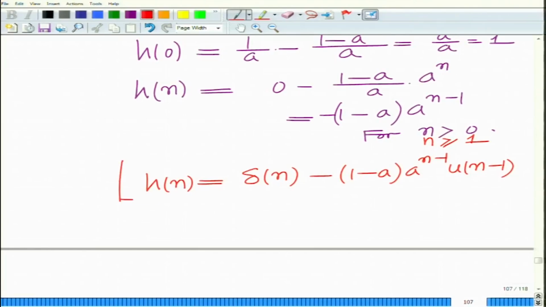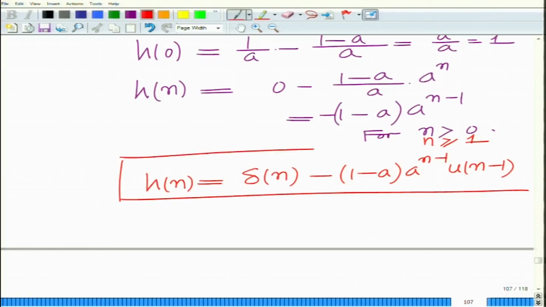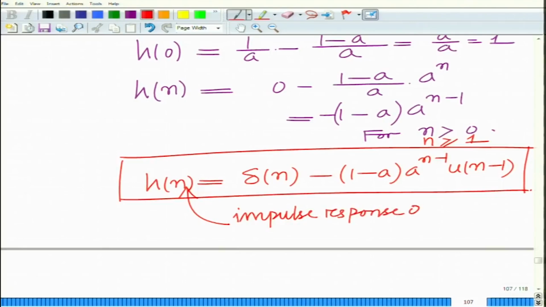So this is the impulse response of the system. All right.